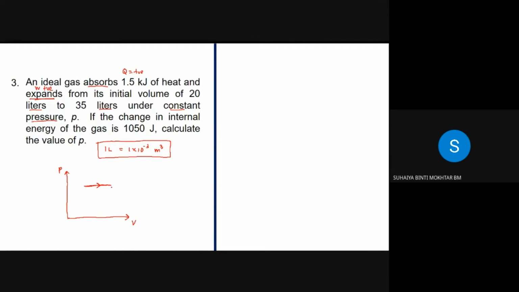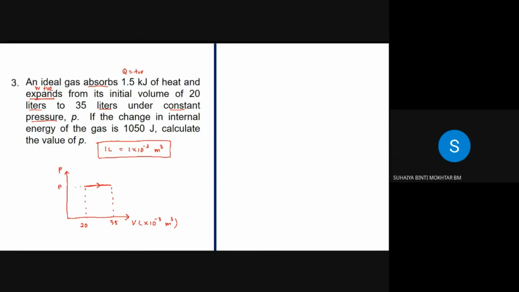State the volume. The volume in liters is 20 here and 35 here. Converting to meter cube, times 10 to the power of negative 3 meter cube. Then the pressure here is P. Now if we want to calculate the value of P, what is the value of P?